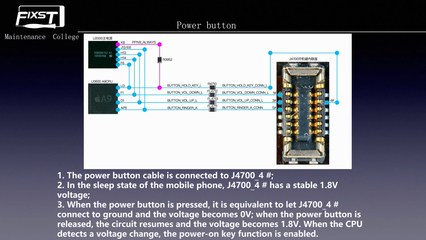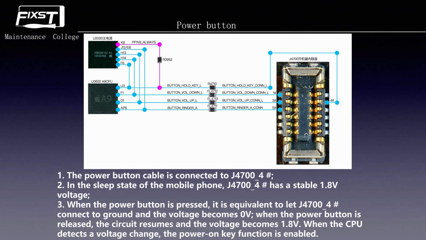Before, we talked about the power button easily. If the power button has a problem, the easiest symptom to see is that the phone cannot power on. How should we confirm whether the power button is okay or not? The iPhone has 2 ways to start up. One is pressing the power button and the phone turns on.